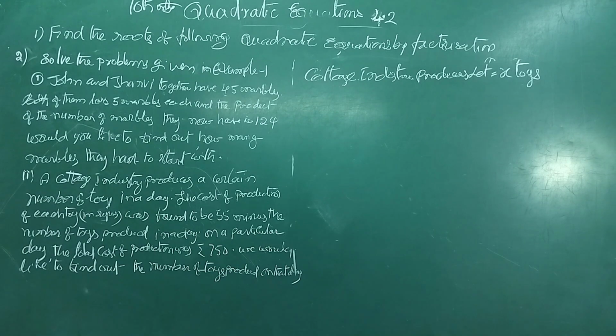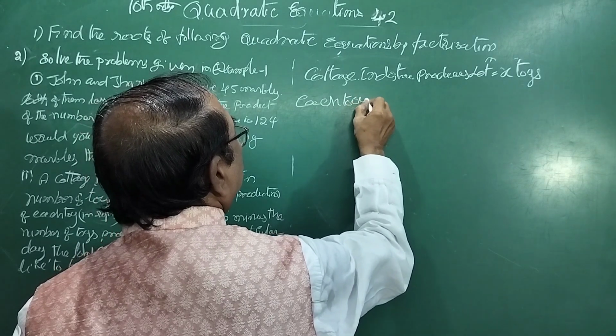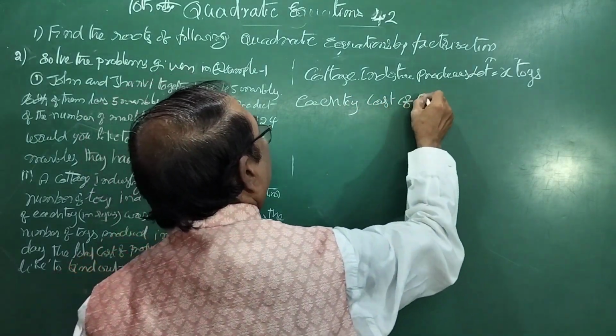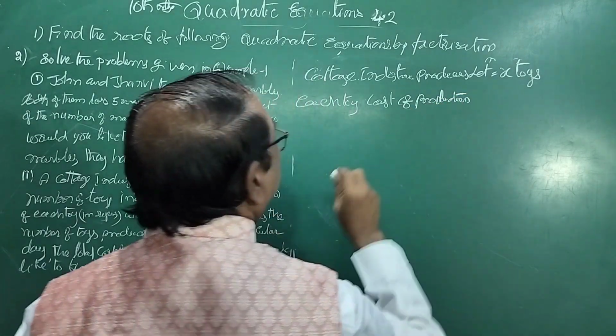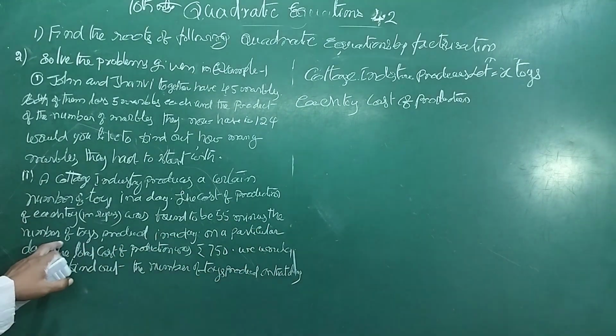Now, the cost of production of each toy: how much is the cost of production? It is 55 minus the number of toys produced.